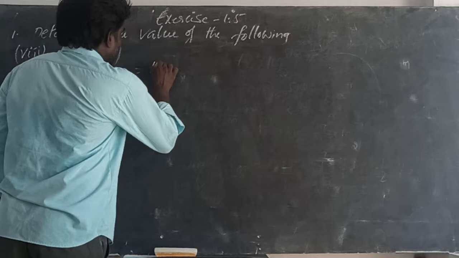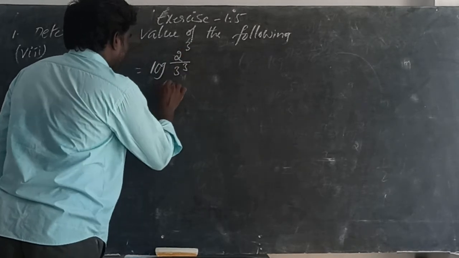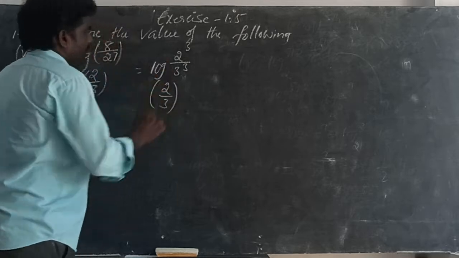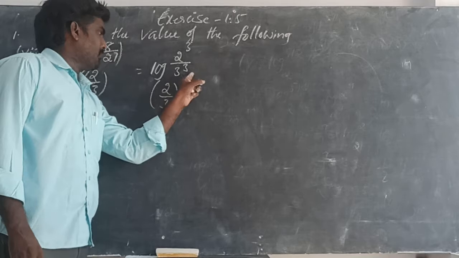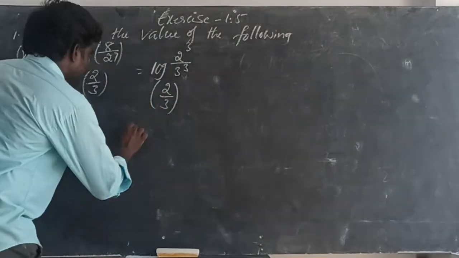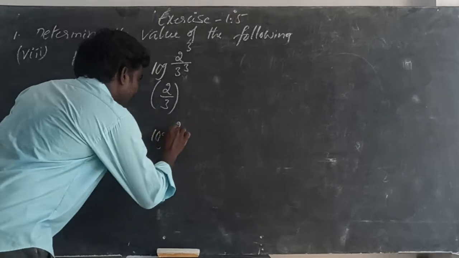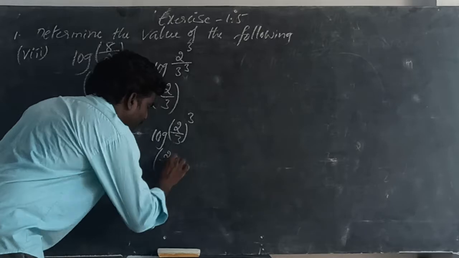So log 2 cube by 3 cube base 2 by 3. Here we can use the formula a power m by b power m is equal to a by b whole power m. So it is equal to log 2 by 3 whole cube base 2 by 3 whole power 1.